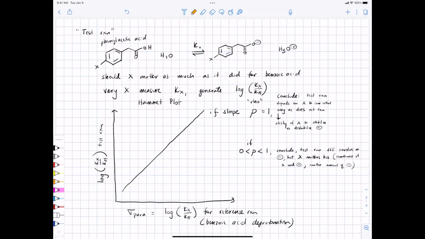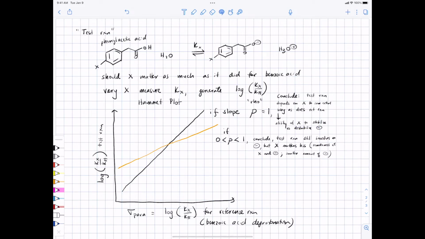So in orange will be our line where the slope is still positive, but where our slope is positive, so there's still a buildup of negative charge in the transition state of the rate determining step, but the substituent matters less.